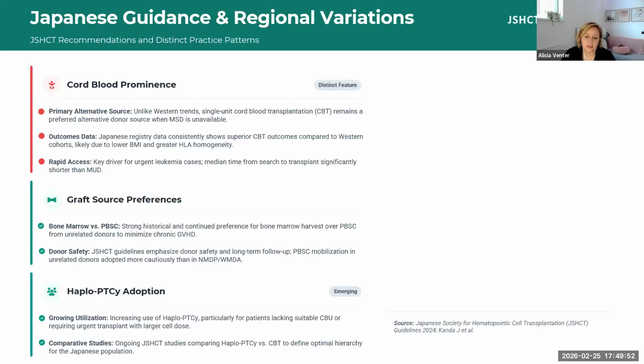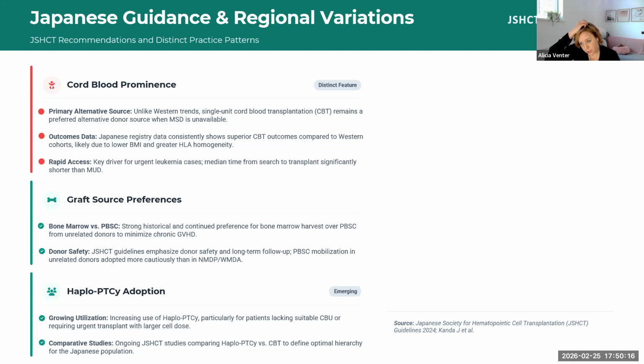Japanese guidance, and this is going to be a little bit of a surprise because it's quite a bit different. They still value cord blood almost above all else. So it is their primary alternative source. So unlike Western trends, single unit cord transplantation remains a preferred alternative donor source when a matched sibling donor is unavailable.